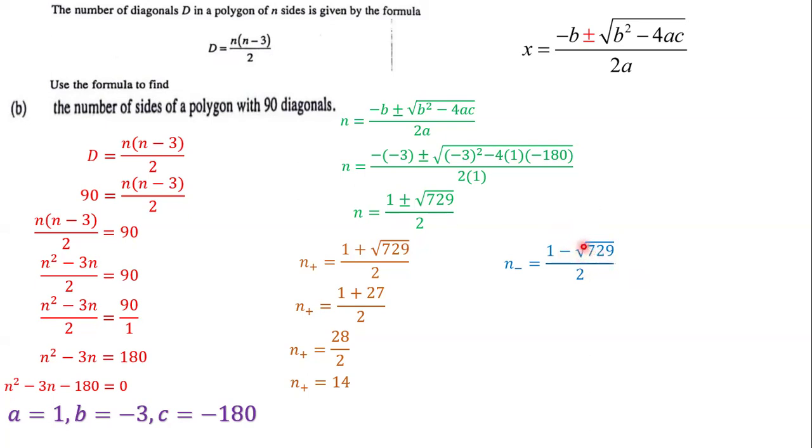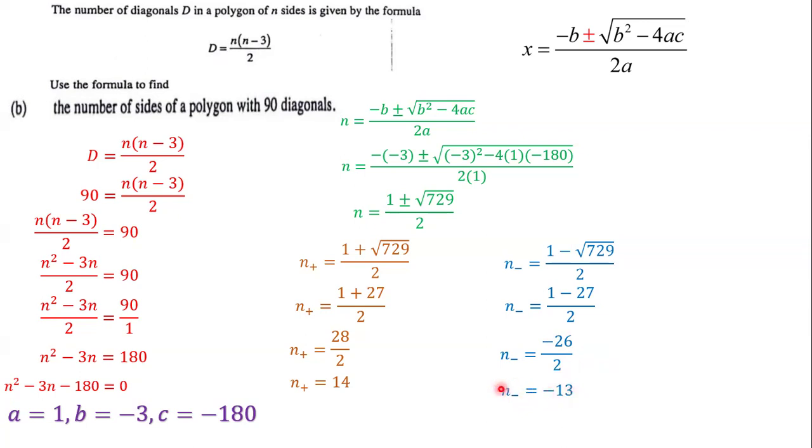The square root of 729 is 27, so we have 1 minus 27, which is -26. So n negative is equal to -26 all over 2, which is equal to -13.